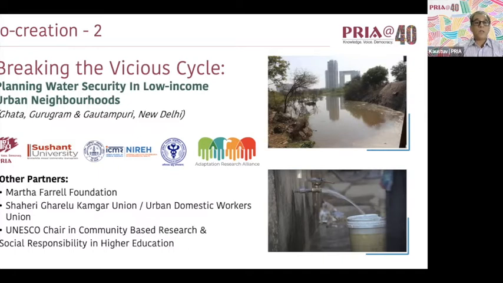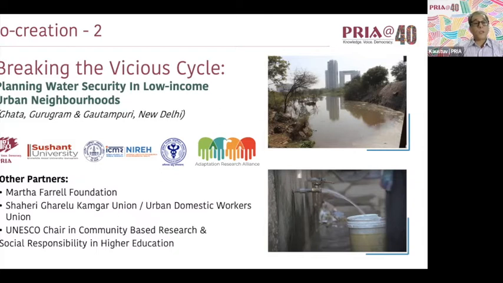This study was funded by the Adaptation Research Alliance, and our research partners included, of course, the communities from Ghata and Gautampuri, the two locations where the study was undertaken, and then Shaheri Gharelu Kamgar Union, or Urban Domestic Workers Union. They were also a partner.